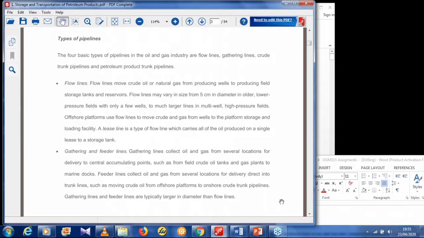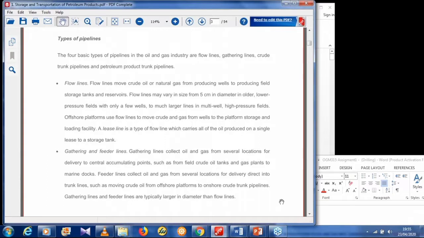Some examples of such central accumulating points are the crude oil tank and gas plant, to maybe a marine dock. You've heard of marine docks before. So the feeder line collects the oil and gas from several locations for delivery into the trunk line.